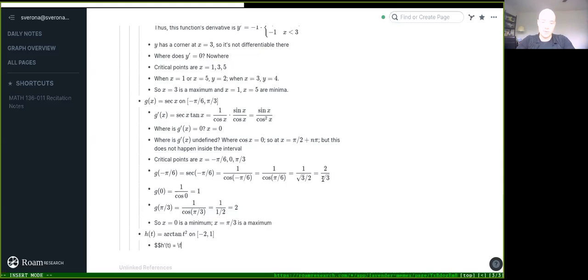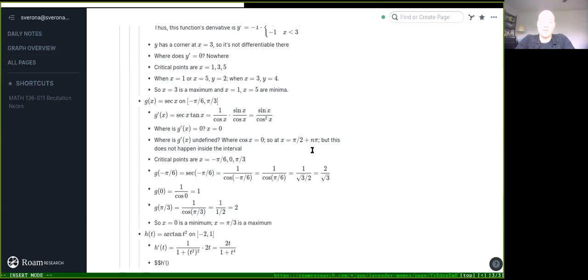So in this case, I'm going to have 1 over 1 plus t squared times chain rule gives me a 2t. So simplifying a little bit, that's going to give me 2t over 1 plus t to the 4th, which is not a nice thing particularly, but okay.